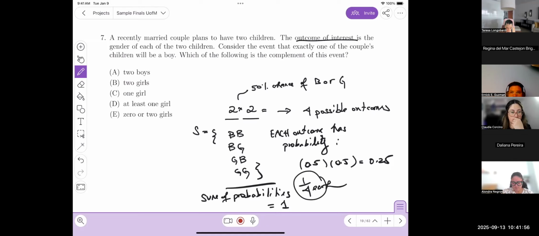All right, so now the question, which of the following is the, oh no, sorry. So the probability, consider the event that exactly one of the couple's children will be a boy. So the event of one is a boy includes which of the items in the sample space?